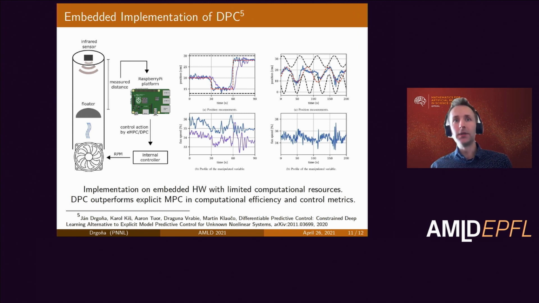And not only do we observe that we are much more efficient in scalability, computational and memory efficiency, but we even outperform this classical approach in performance on reference tracking and constraint satisfaction, because basically our neural network was more expressive than classical control. In this case, it is explicit MPC.